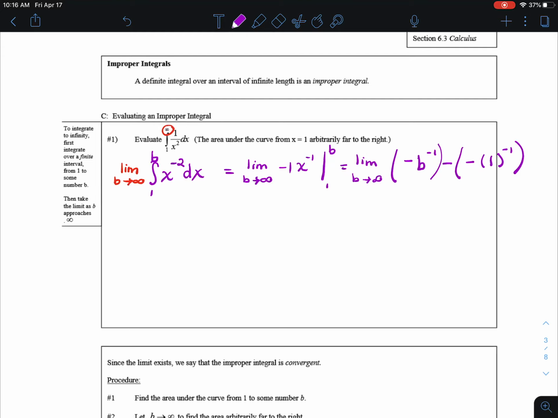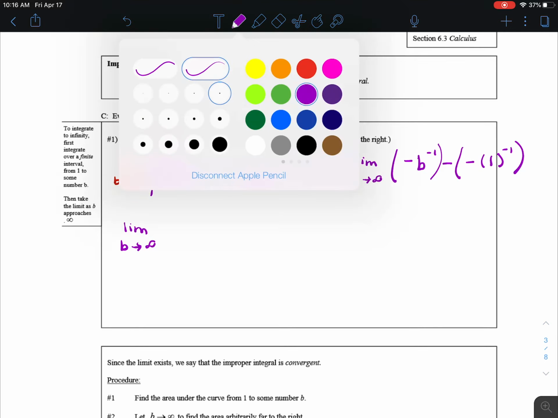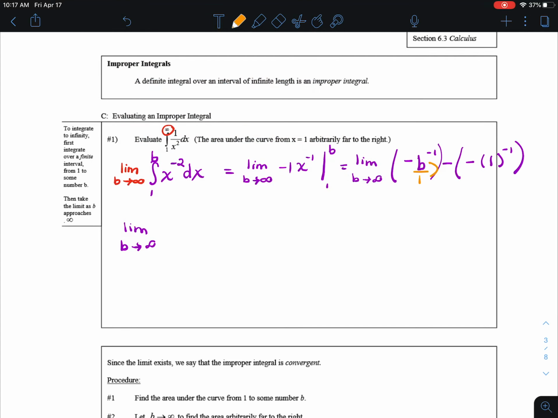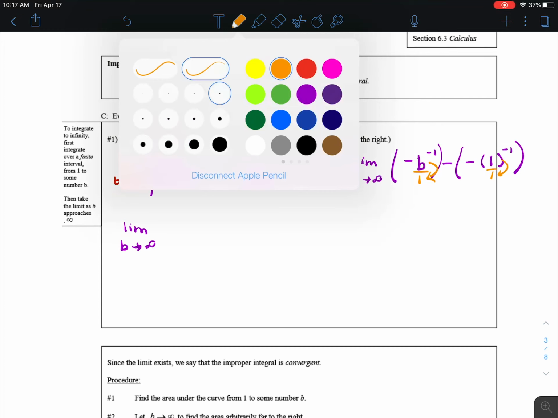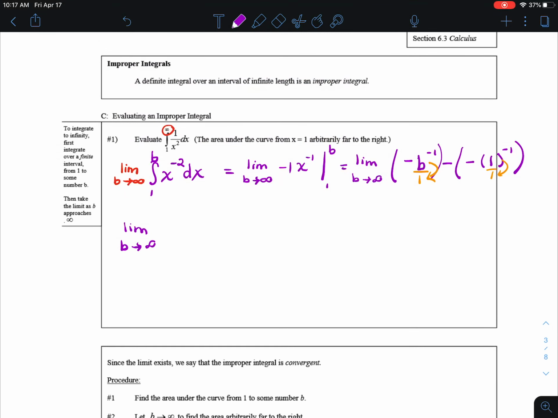In the next step, again with the limit notation, I highly suggest that if you have negative exponents, you move these things to the bottom. So in the next step, I'm going to write this negative 1 over b. I'm going to connect these two negatives right here. And honestly, if you move that 1 to the bottom, it's still going to be 1 over 1. So this is what we have to work with.